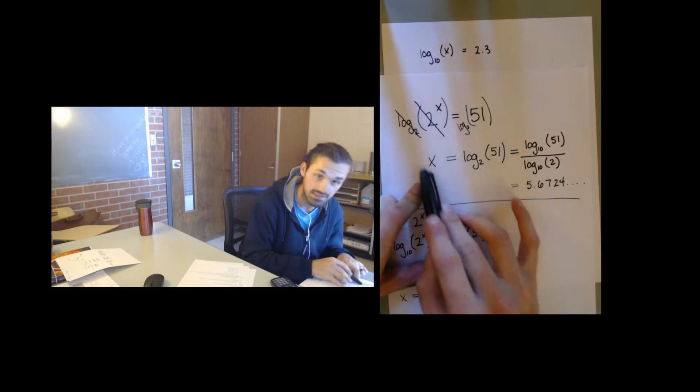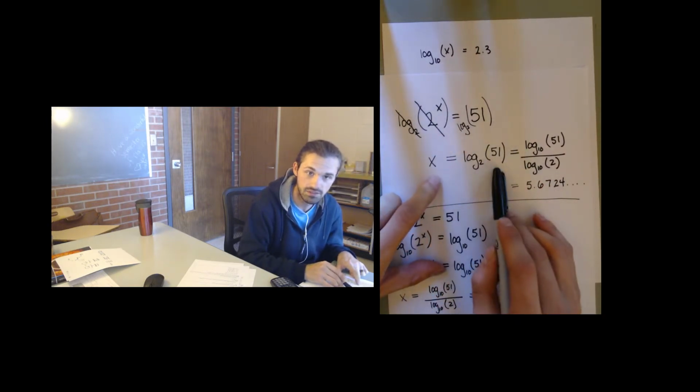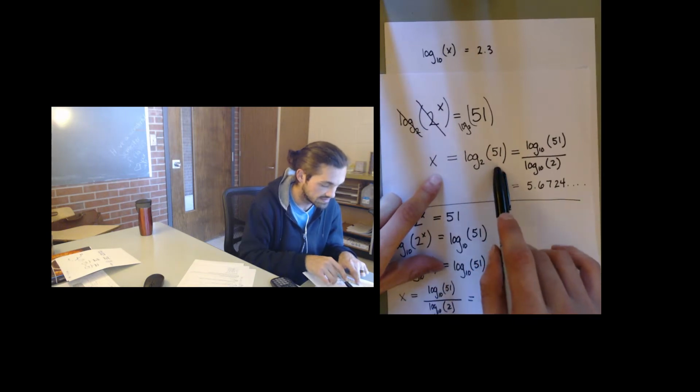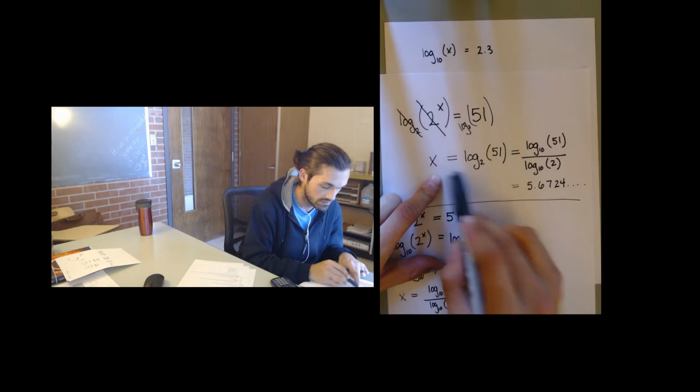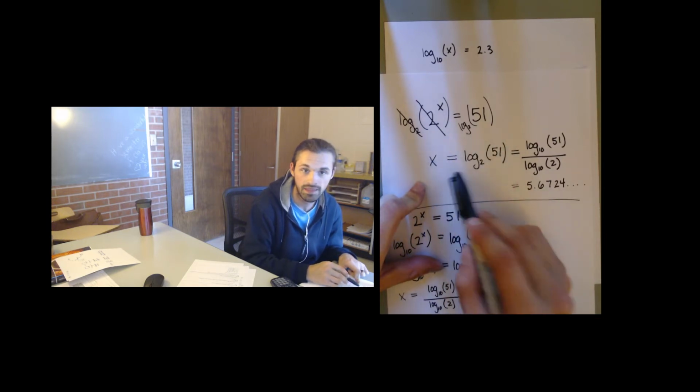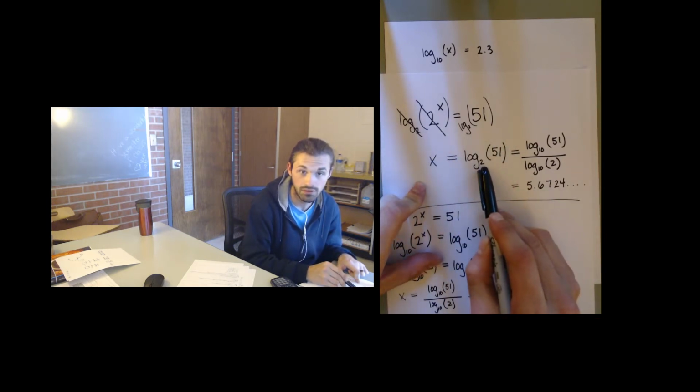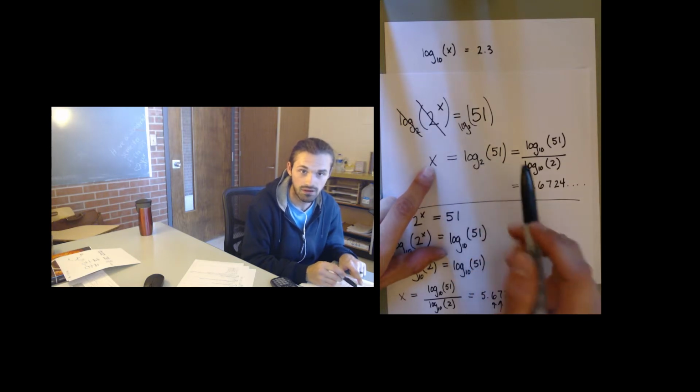So when you're looking at this log form, notice you can trace back to the exponential form if you consider that really what this is saying to us is 2, the base of the log, raised to what is on the other side of the equals must be what's inside of the log argument.